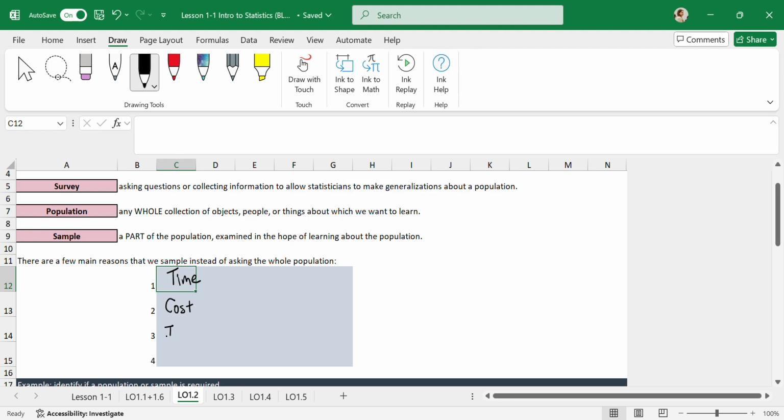A third reason is it could actually be impossible to survey the whole population. People are always dying and being born. So even the census in Canada, the census is where the Canadian government asks every single person in Canada to report on things like how much they make, how many people live in their household, their demographic information, all of that kind of stuff.